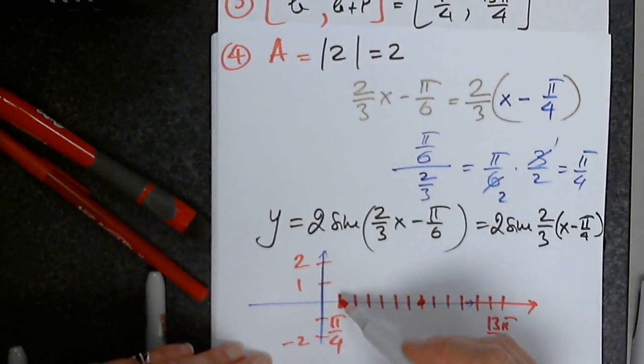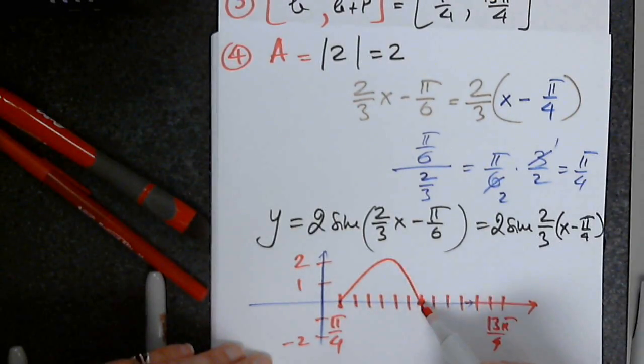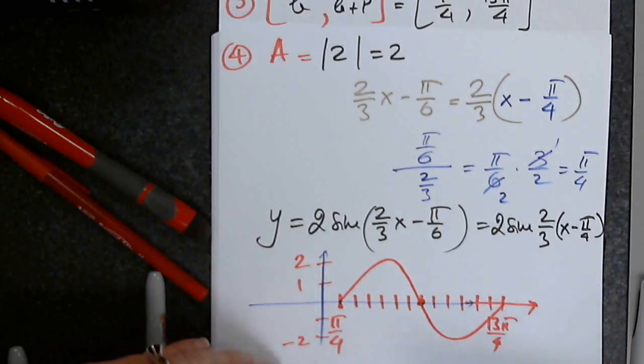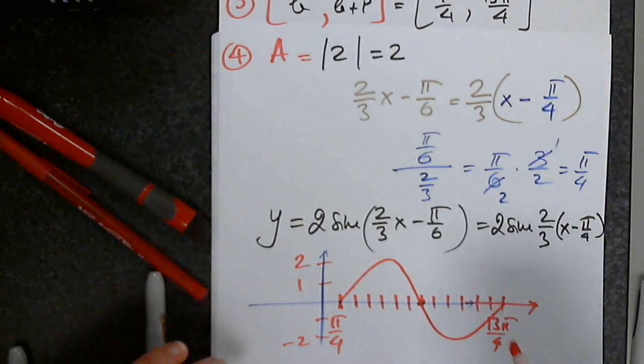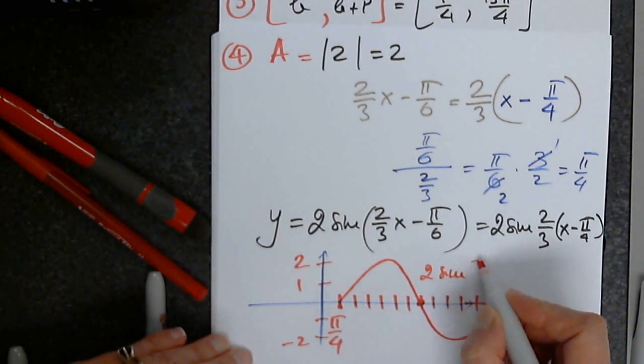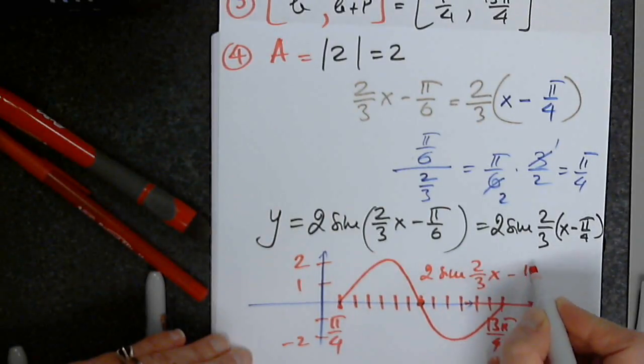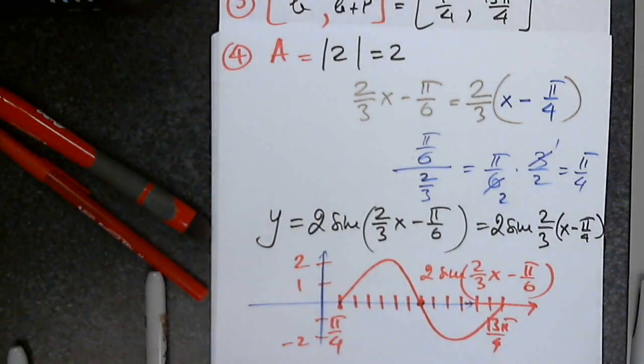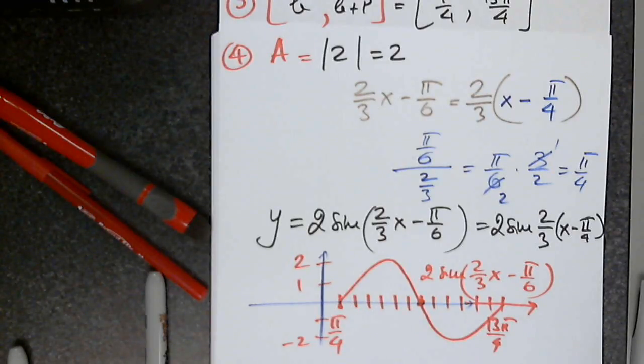Here it is. This is the graph of 2 sine 2/3 x minus pi over 6. Let's show a complete graph. Ready? So let's plug it in, delete, you can clear everything. Okay, so it's 2 sine 2 over 3.